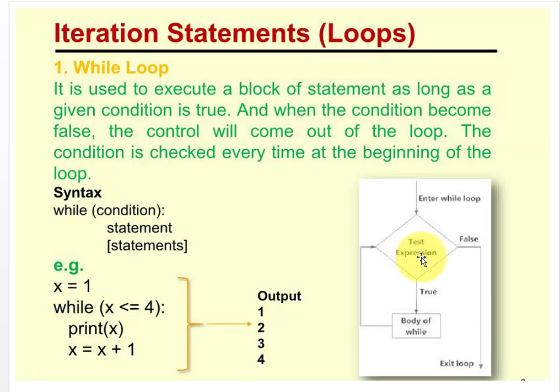Clear to all? I think you all understand this. What is the while loop? It is used to execute a block of statements as long as a given condition is true. So you have to keep the condition. Without the condition, you can never create your program.